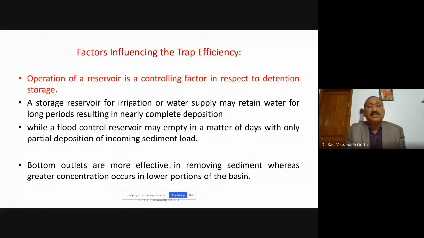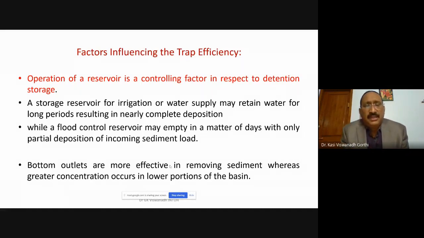A flood control reservoir, if you take, will empty in a matter of a few days, so there will be very partial deposition of the incoming sediment load. This is how operation of a reservoir affects trap efficiency. So if the reservoir is operated such that as and when the water is joining into the reservoir, the same water is let off for various purposes, naturally the deposition will be less.